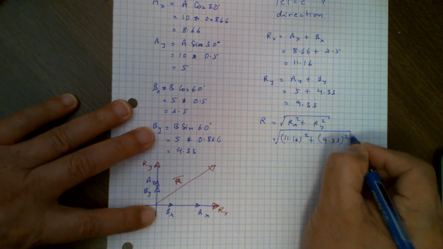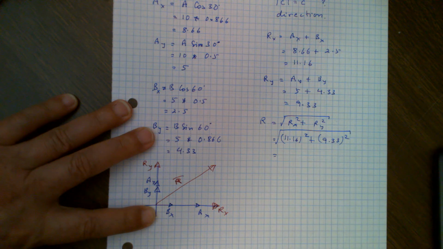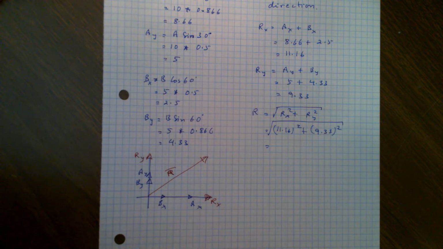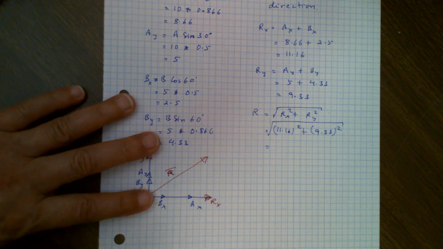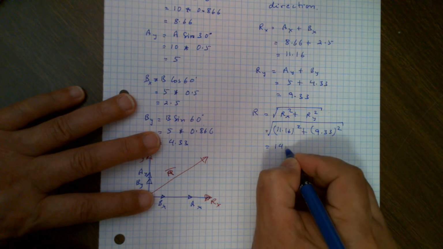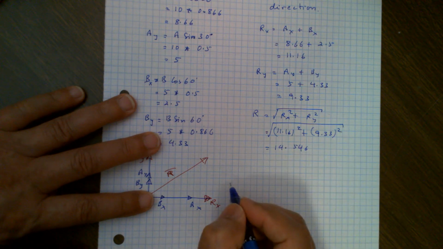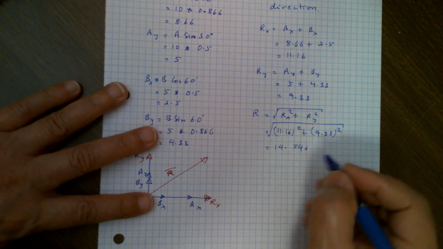Take the square root. If I work it out on the calculator, what I get is 14.546. You can check it out. Sometimes I type in stuff wrong, so you can check it by yourself.